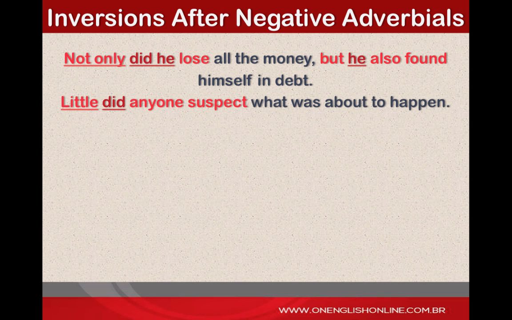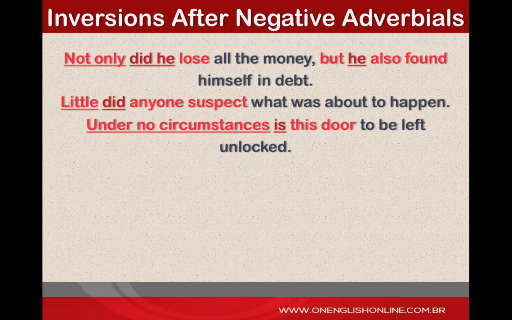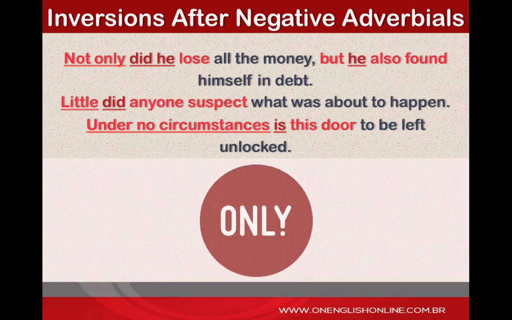Little is commonly used with present or past simple, can or will. On no condition, under no circumstances, on no account, at no time, in no way are all variations of the same adverbial commonly used with present or past simple.